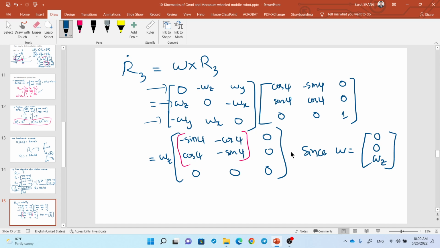To validate this, omega x is 0 and omega y is 0, because there is no rotation in the plane, no angular velocity component on the x and y, but only on the z-axis. Rotation like this means the vector representing rotation is like this.